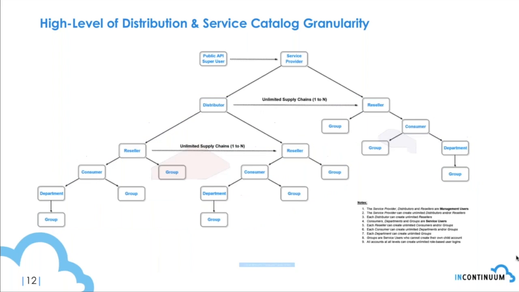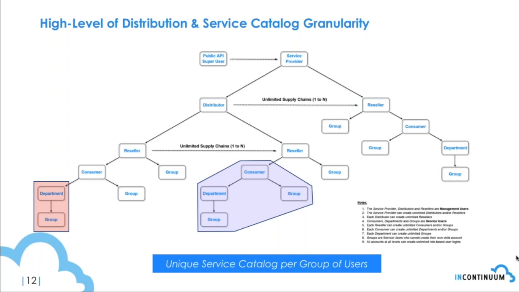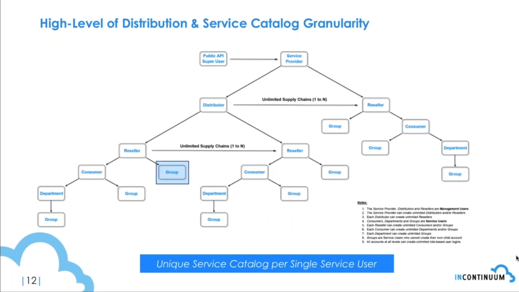Of course, you can also have a separate service catalog of service objects for a subset of a supply chain, whether it's based upon a consumer account or a department account, as shown here in the various colored boxes. And I think you see where this is going. You could even have a unique service catalog per single service user.